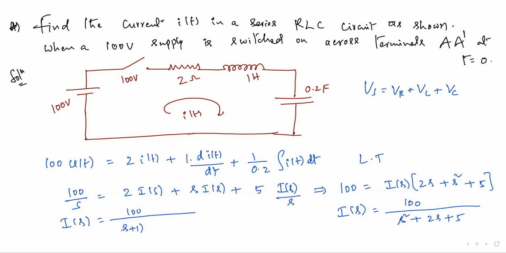Then it can be written as s plus 1 whole square plus 2 square. Then what is the inverse Laplace transform? This is omega by s square plus omega square form, provided we have written 100 as 50 into 2.